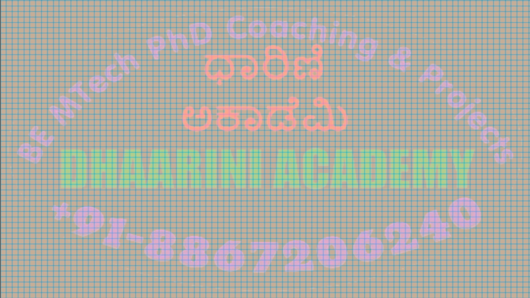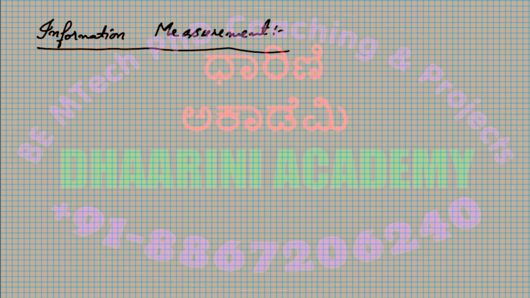Every message that we send does not necessarily contain information. So now I have to bring up some idea so that you can measure it. Let's go for information measurement. How to measure the information, we'll see that.